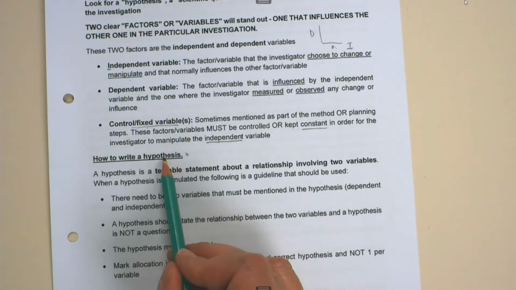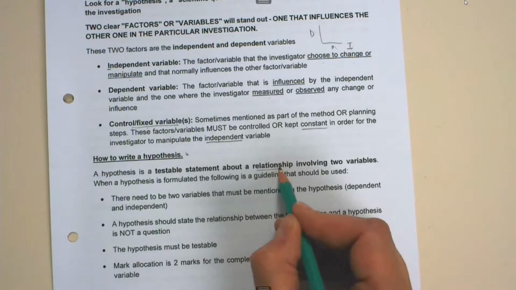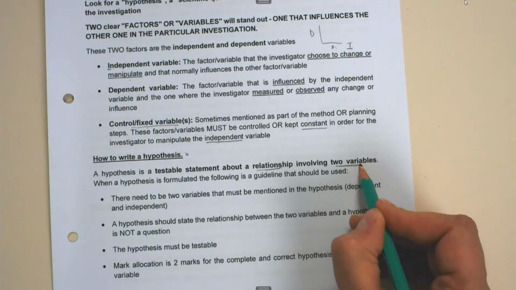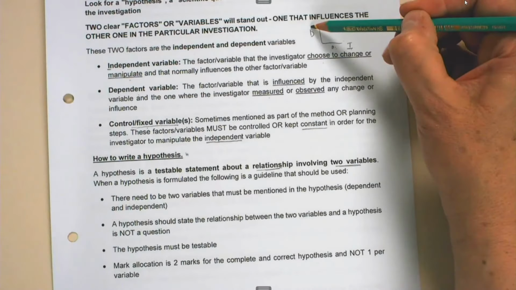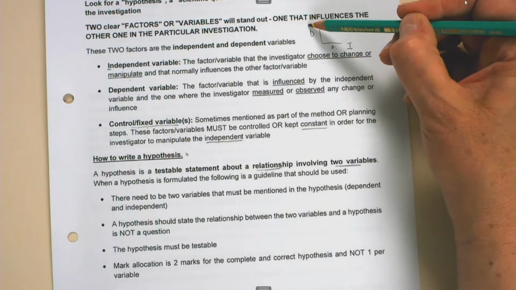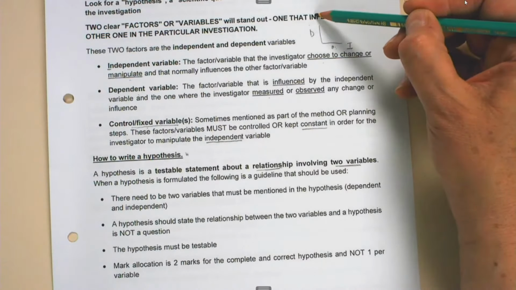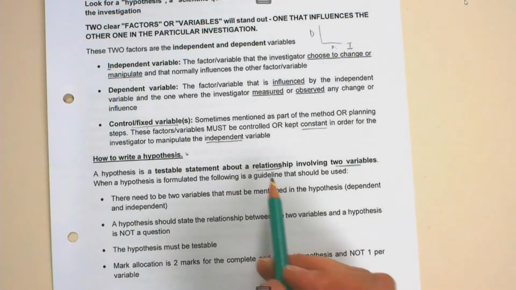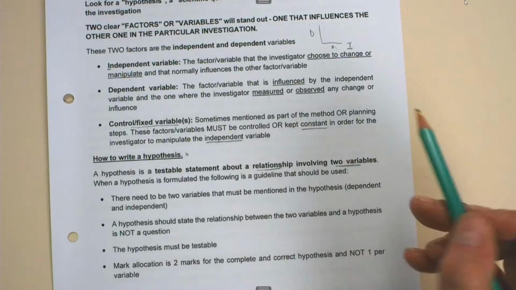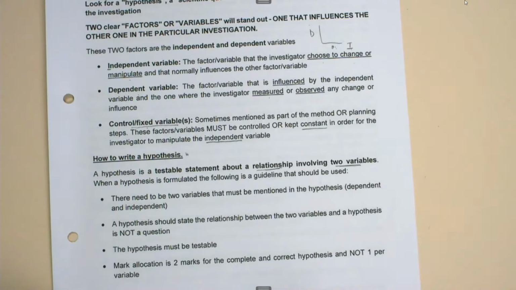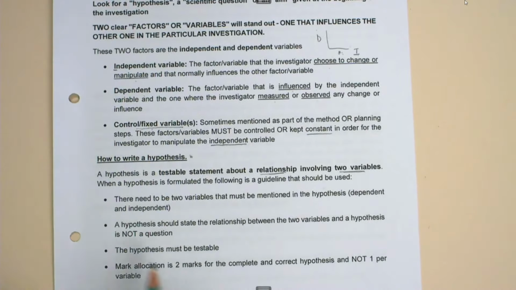In the hypothesis, we will have a relationship between the two variables. If the time increases, the amount of glucose that will be produced increases. There will always be a relationship. When the one increases, the other one decreases, or when the one increases, the other one will increase. And then very important, it is not a question, it is a statement, and it must be testable.